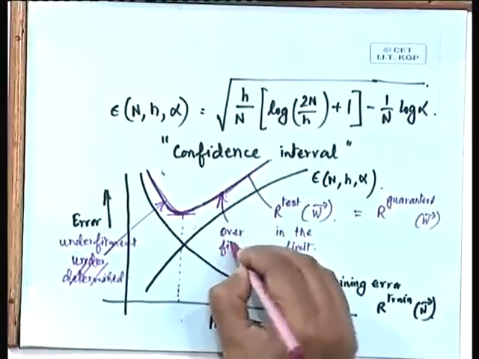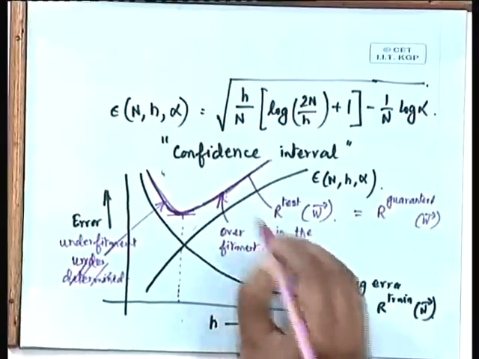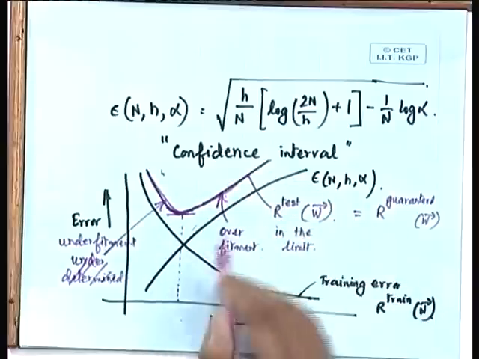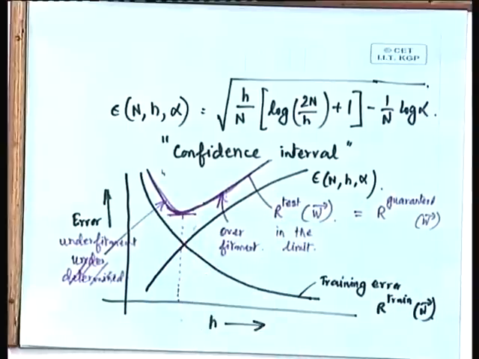So, this is overfitment problem. This one is underfitment problem, and here we have the point of minimum. So, we must look for the point of minimum, and how exactly are we going to do it. That is something that we should consider.